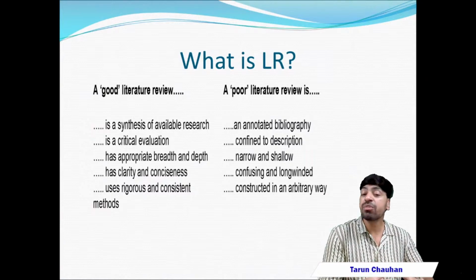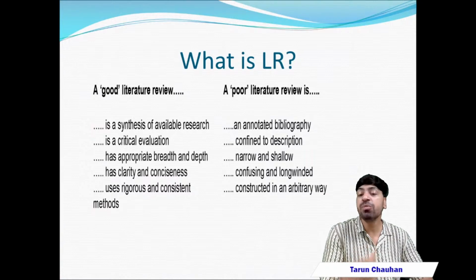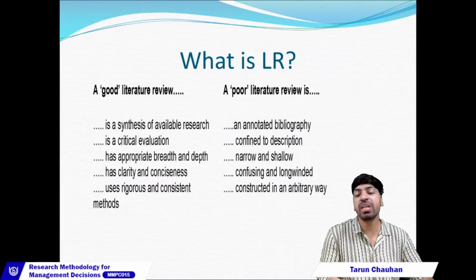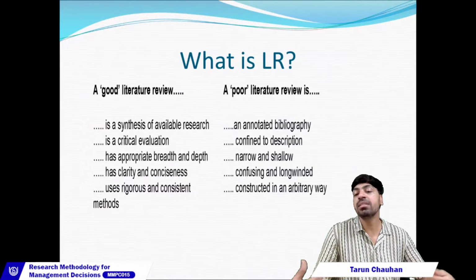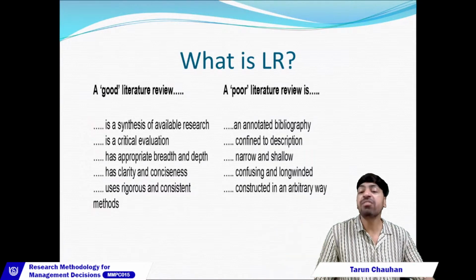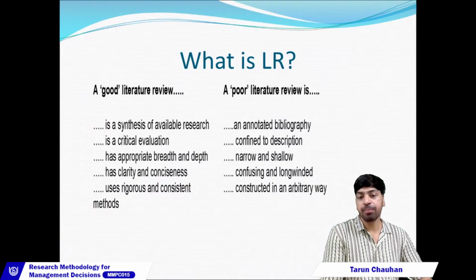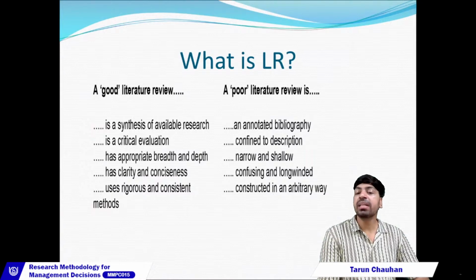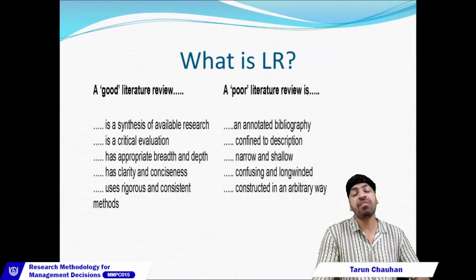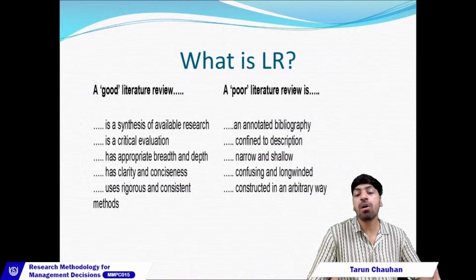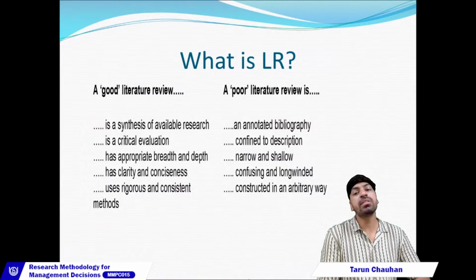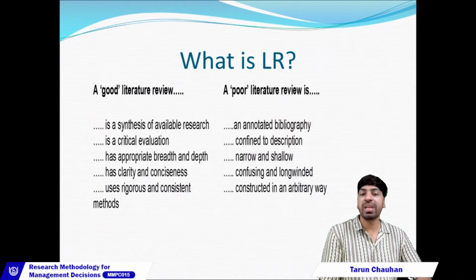Sometimes the literature review will become confusing and long-winded, which doesn't portray any new meaningful evidence contained in the old material. It is also constructed in an arbitrary, confused, or unorganized way, which also stands as a poor literature review.